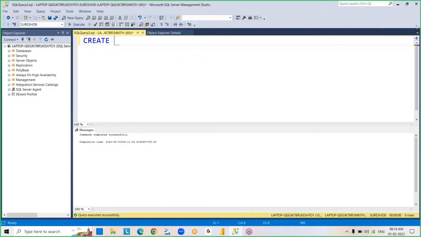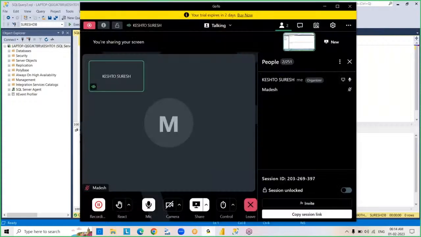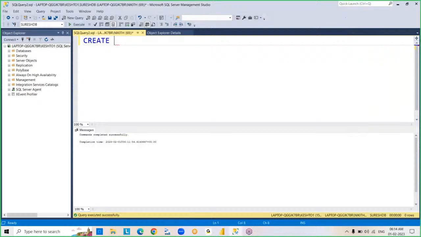In the beginning, we are going to create the table, then we are going to store data. So let us see create table. Suppose the table name I am giving is Products.